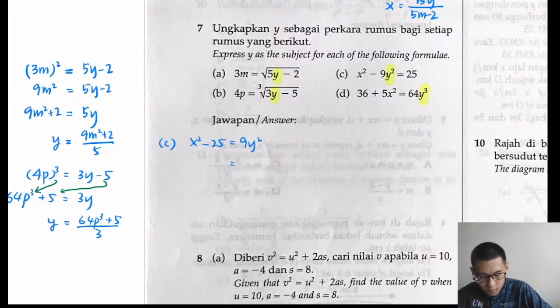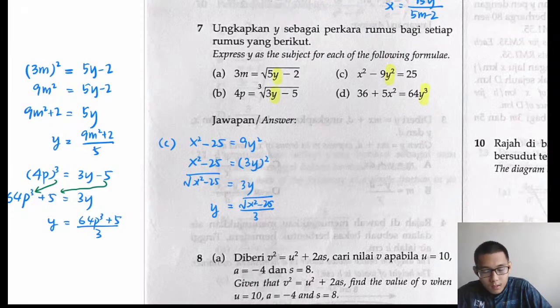Actually this is 3y square equal to x square minus 25. So y is equal to x square minus 25 over 3.